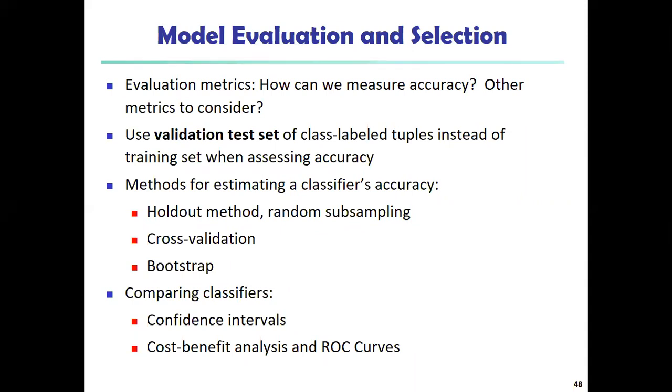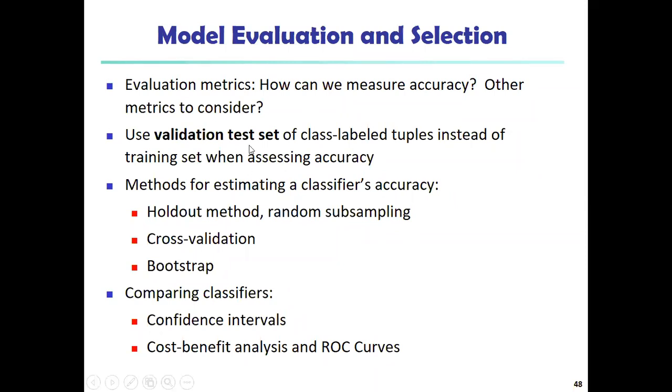It is a very important part that each and every classification model should go through some kind of model evaluation and selection, to check the quality, or the accuracy, of the classification model that you are using. To check that, we go through these evaluation metrics.